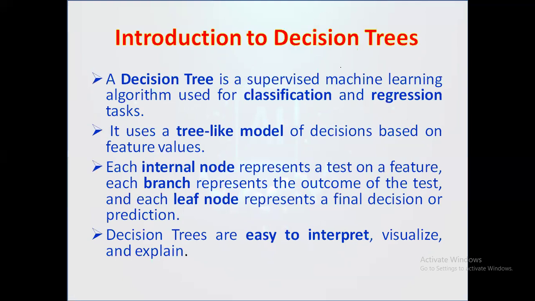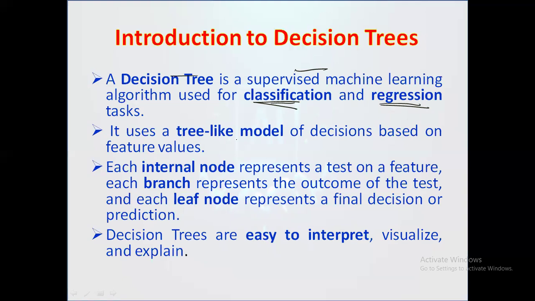First, we'll see the introduction to decision trees. A decision tree is a supervised machine learning algorithm, and it is used for two purposes: classification and regression.